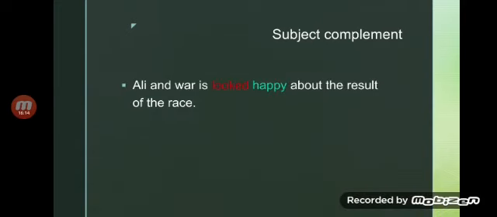So this was all for this lecture, that is about the subject complement. Let me recap all the points for you again. The complement that describes the subject is called the subject complement. This subject complement could be an adjective, noun, or pronoun followed by a linking verb.